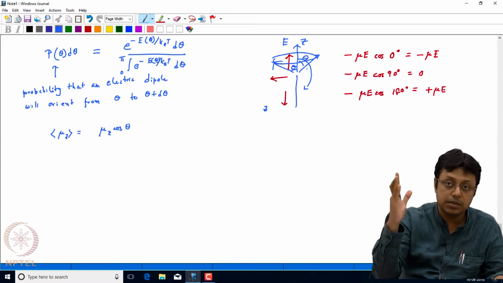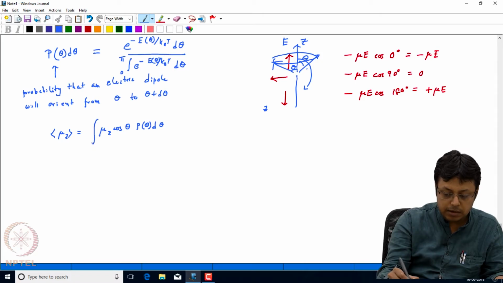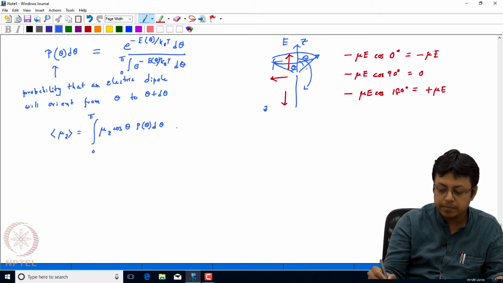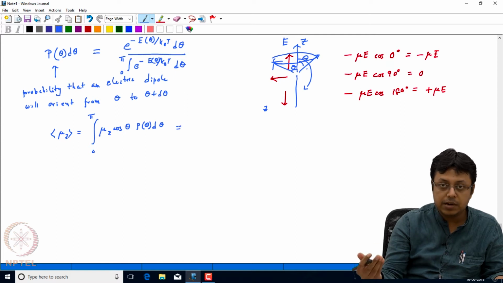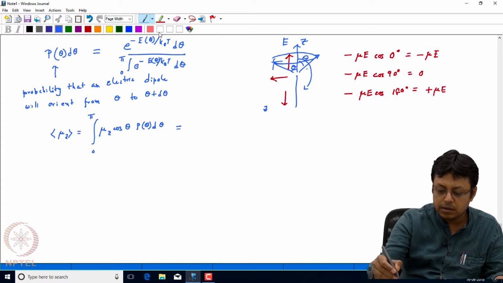So, that is the component of the dipole moment times the probability distribution p theta d theta, and then I have to integrate over all possible angles, which is 0 to pi, to get the average value of mu z. Now, the mu z is actually mu cosine theta.